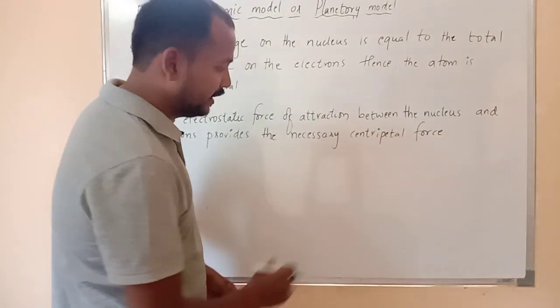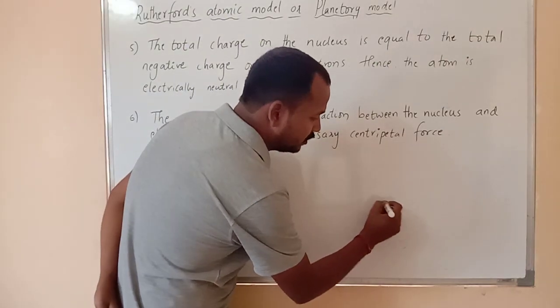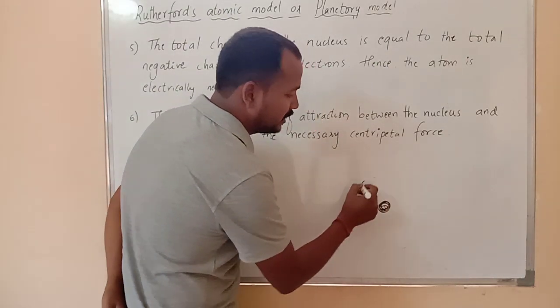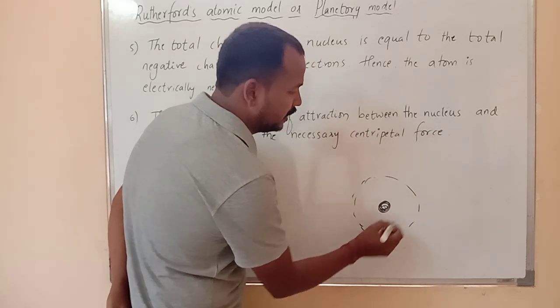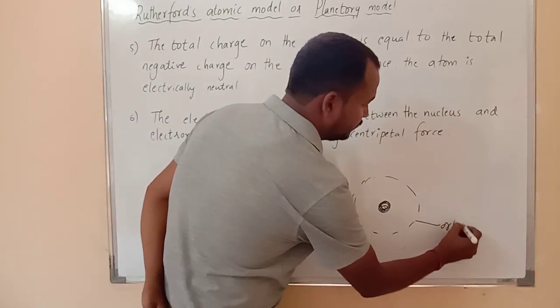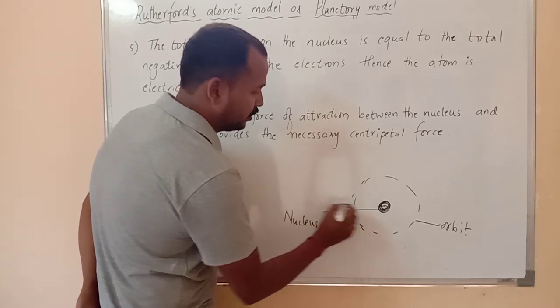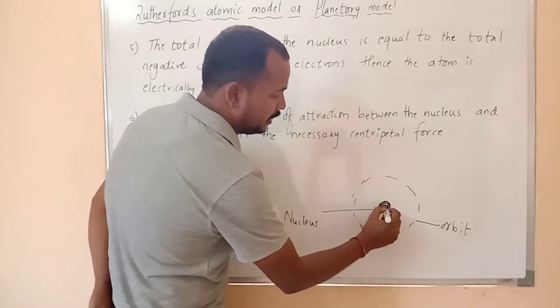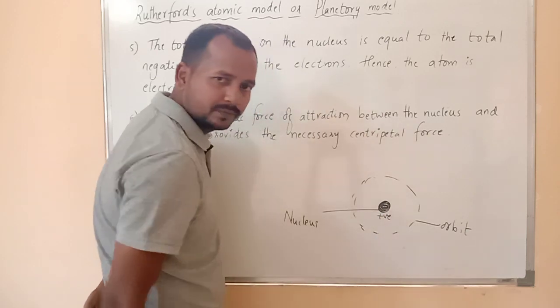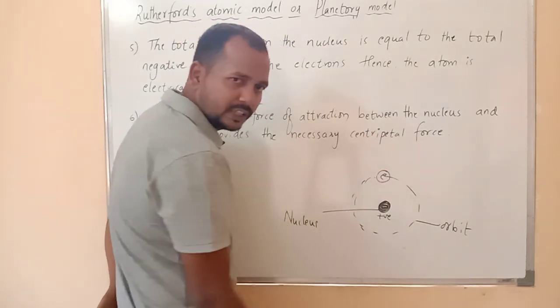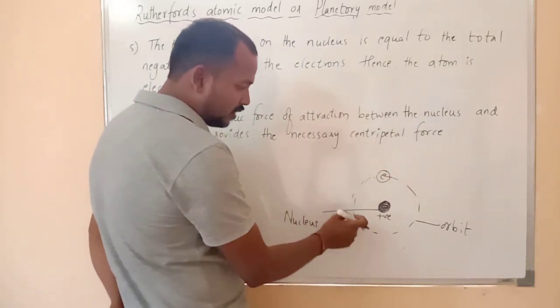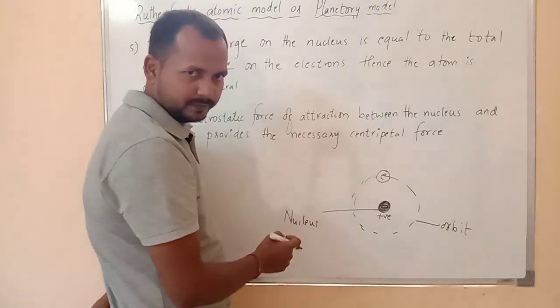This is the central part, the nucleus, and these are orbits. The nucleus is positively charged, and electrons are negatively charged, and all these electrons revolve in circular orbits.